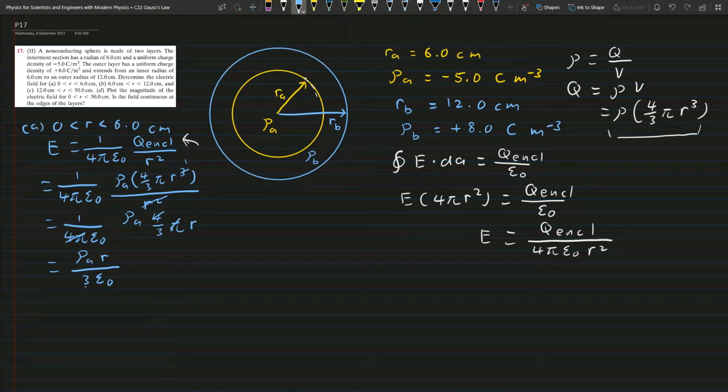So we have the value of this rho A and epsilon, but we don't have the r, so we just keep this r. This is negative 5.0, and this is 3 times 8.85 times 10 to the negative 12.